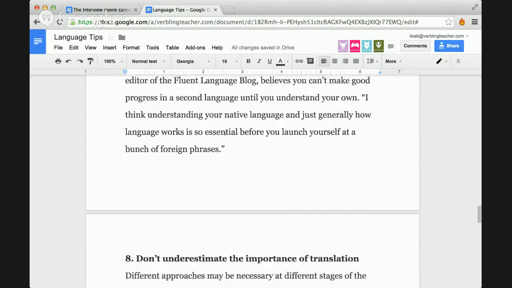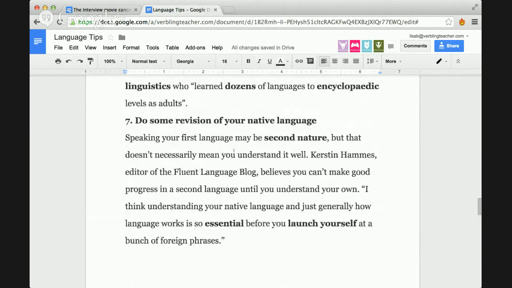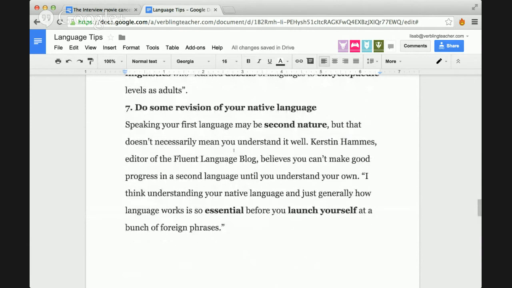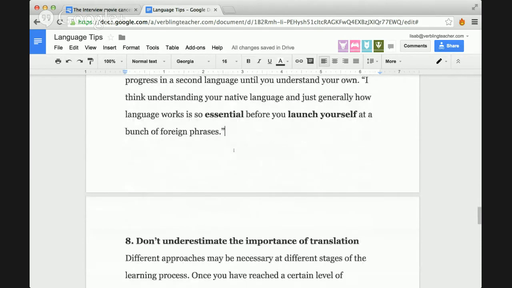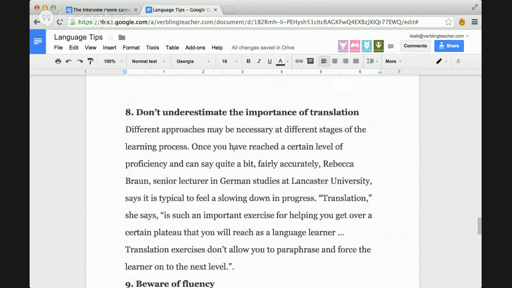That's something that she thinks is essential or important. It's necessary before you launch yourself, before you start learning a bunch of foreign phrases. You might want to understand how language in general, specifically your native language, actually works, so you can use that understanding to help you understand how another language might work.